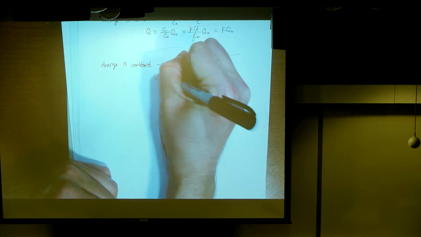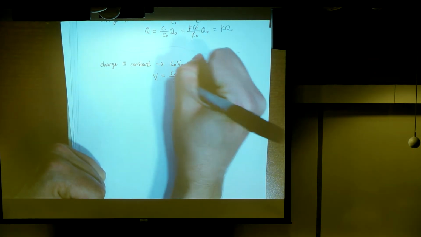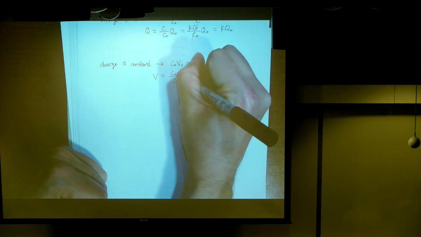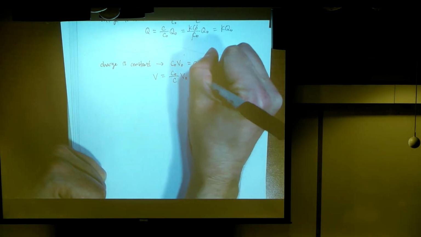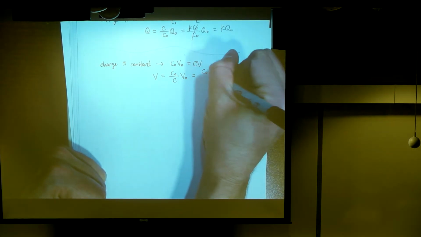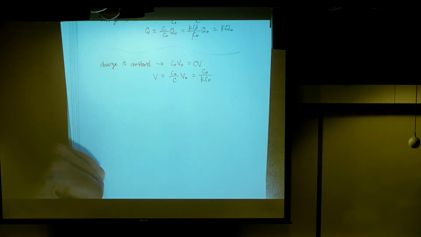So V, what does that equal to? Let's solve for it. That's C naught divided by C times V naught, correct? Okay, well, let's just take one more step. C naught divided by C. C is equal to K times C naught. That's the idea.